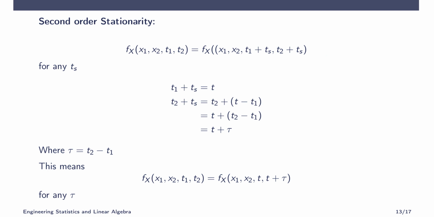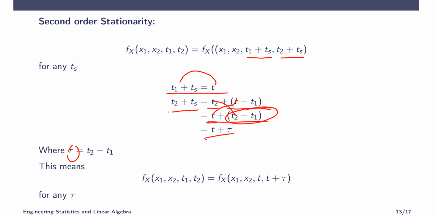Now we know that t1 plus ts, we can take it as t. Then t2 plus ts is t2 plus, here t minus t1 is ts. So I can substitute t minus t1, and bring this one here and t2 here. So t plus t2 minus t1, or instead of t2 minus t1 I am using a constant term called tau.